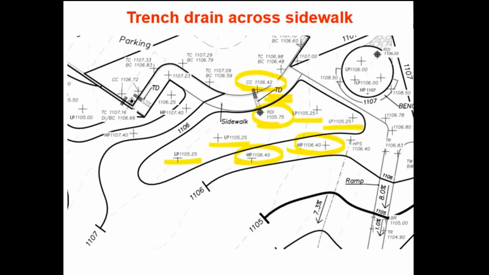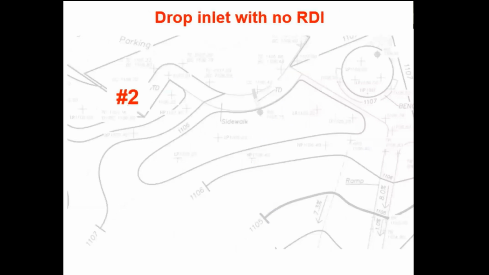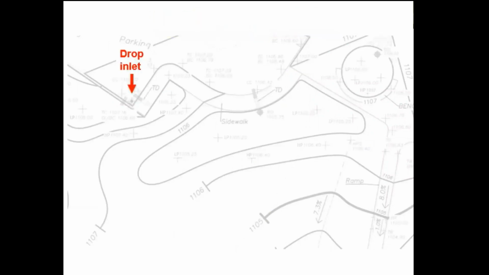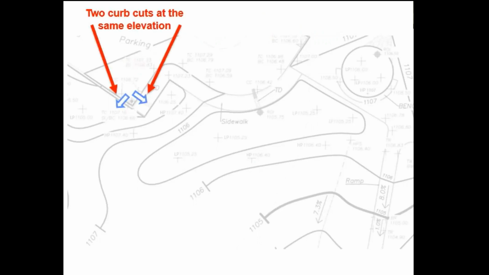So the next thing we want to talk about is the idea of doing a drop inlet that has no raised drop inlet. So it would not be unusual to have a drop inlet in the corner of your parking lot. Above that drop inlet, you're going to have two curb cuts, just barely uphill from it.